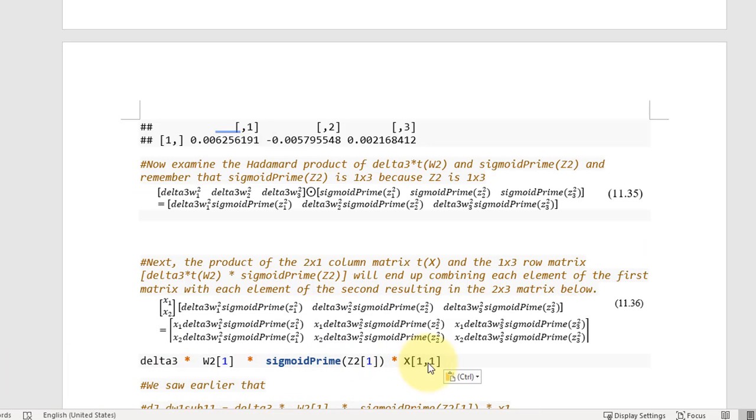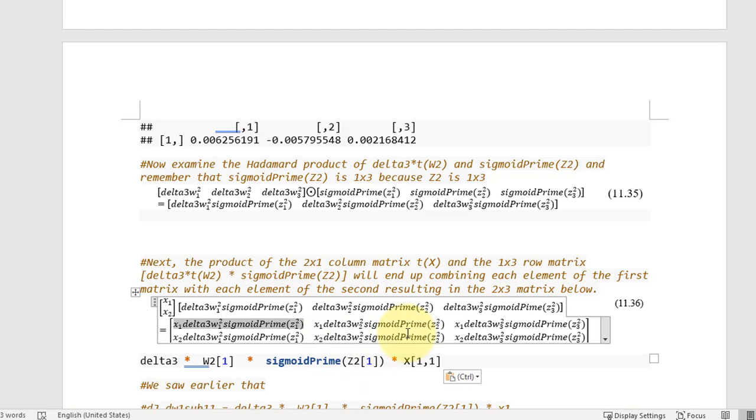So we want to see if this is the same as this. And you can see that it is. Here's x1, here's x1. Here's delta 3, here's delta 3. Here this is W21, and here's sigma prime of Z2 sub 1, and this is sigma prime of Z2 sub 1.